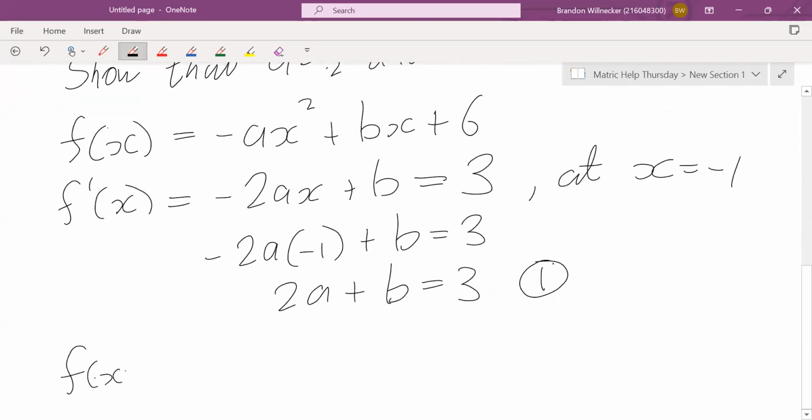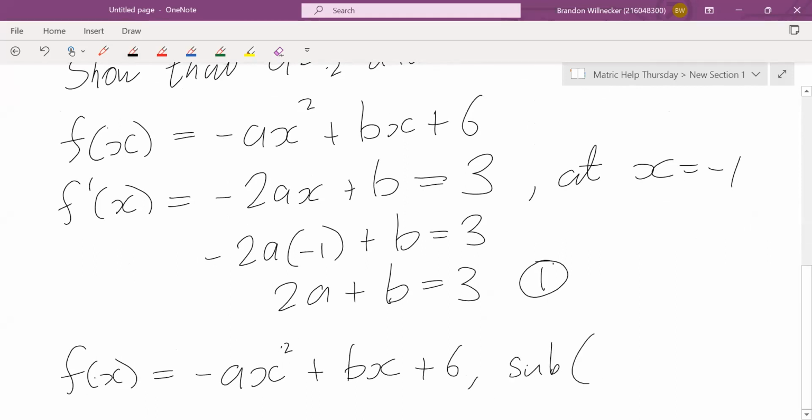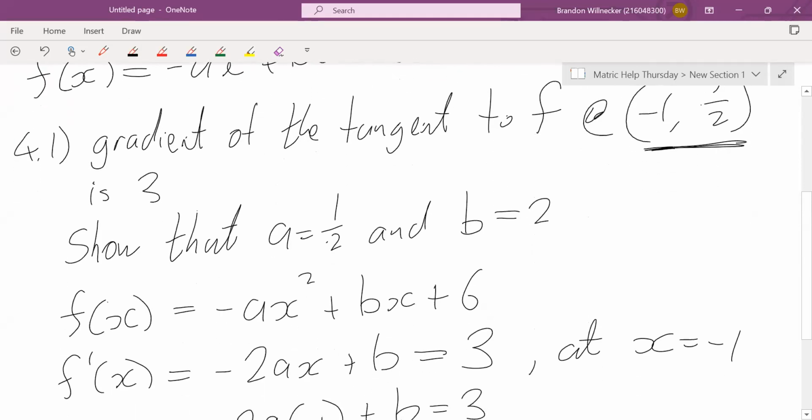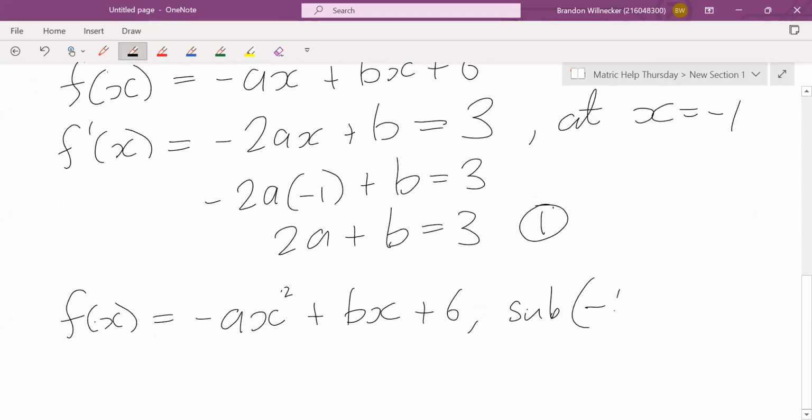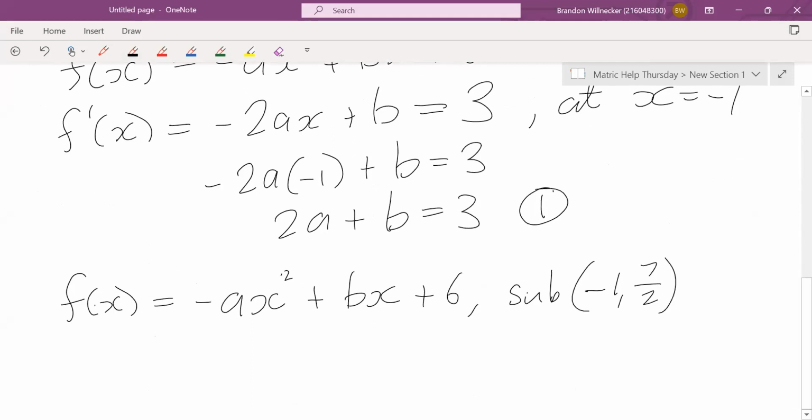So f of x is equal to minus ax squared plus bx plus 6, and we can substitute the tangent point. That's going to be minus 1 and 7/2. So that means the y value is 7/2, and the x value is minus 1.